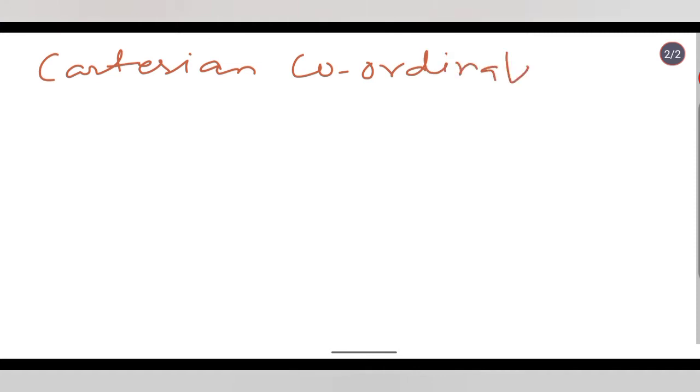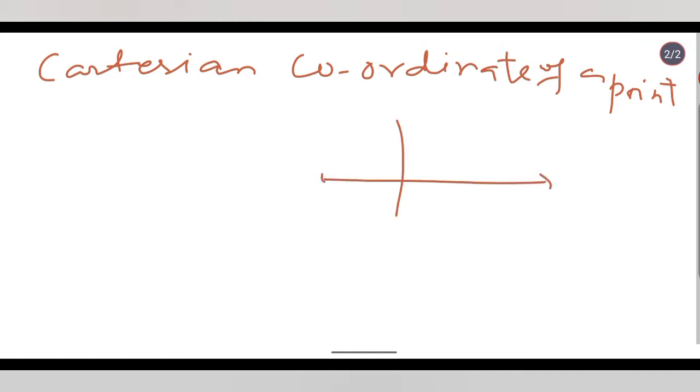Cartesian coordinate of a point. Okay, so see here, x origin, this is x o x dash, y o y dash.